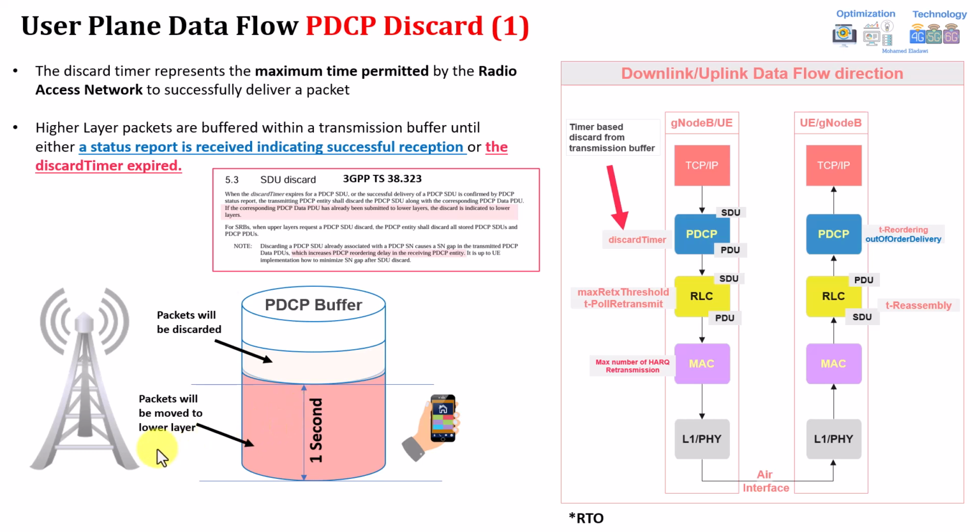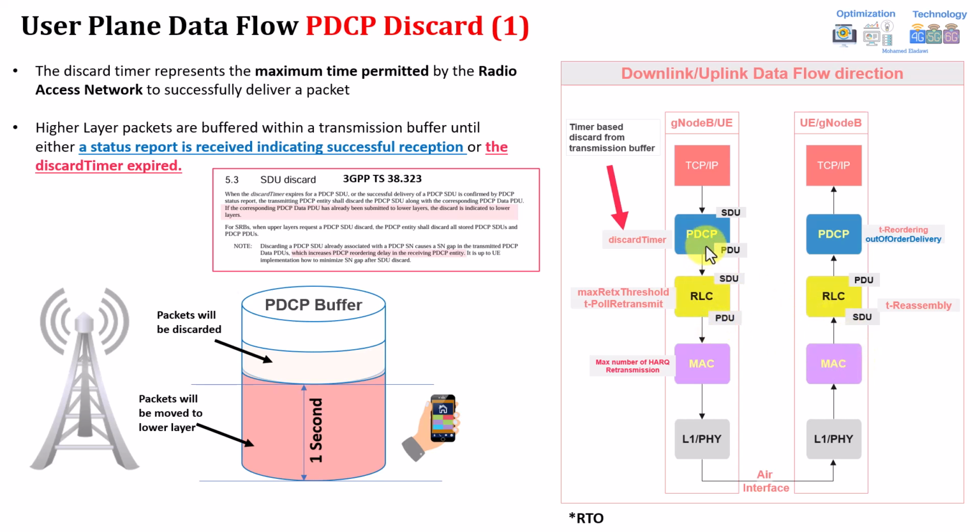So for example, assume this timer is 1 second. Assume the packet arrived and stayed in the buffer for more than 1 second. For example, it is being transmitted and somehow it fails within the air interface, moving to RLC and MAC. So it keeps doing retransmission, and it couldn't be acknowledged by the other layers all that time.